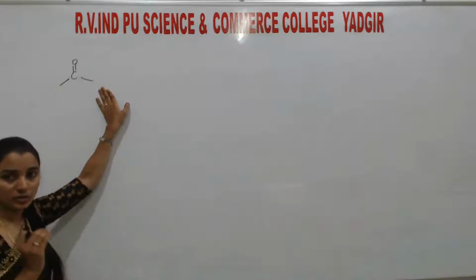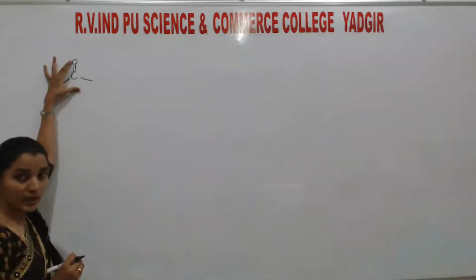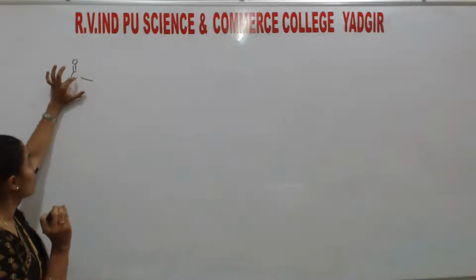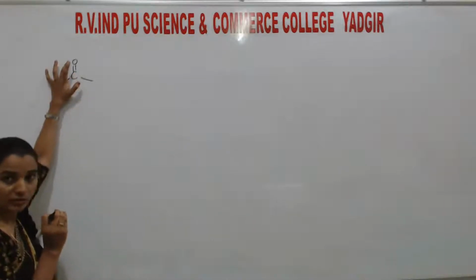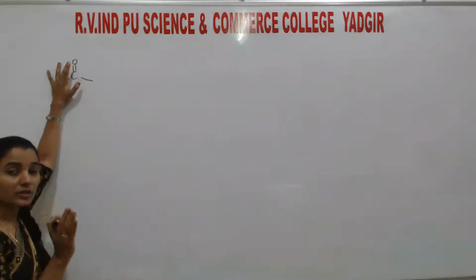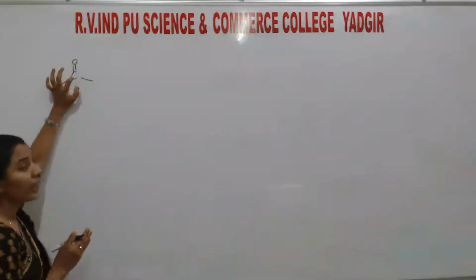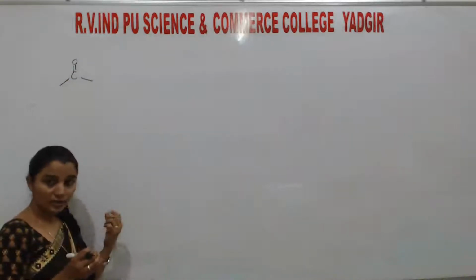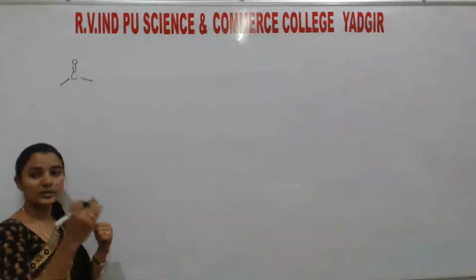So students, as I told you, due to the difference in electronegativity of carbon and oxygen, the electron of carbon is always drawn towards oxygen, because oxygen is highly electronegative compared to carbon. So it attracts the shared pair of electrons towards itself.